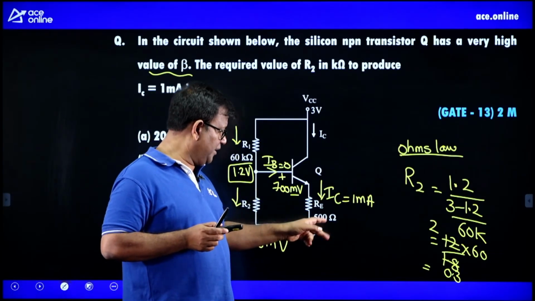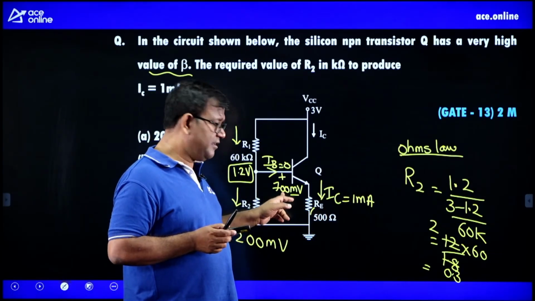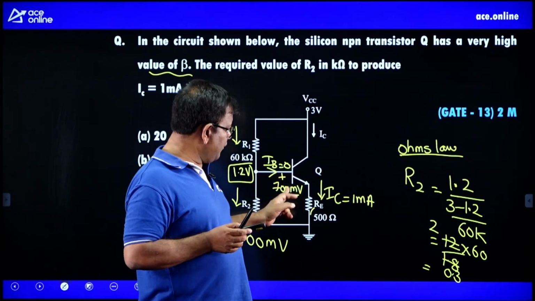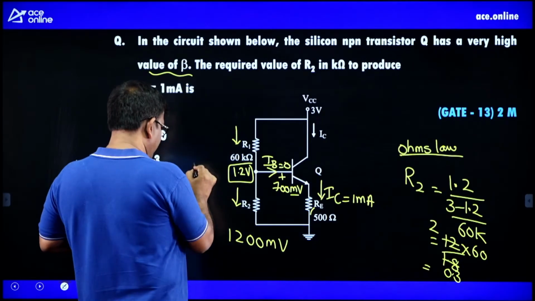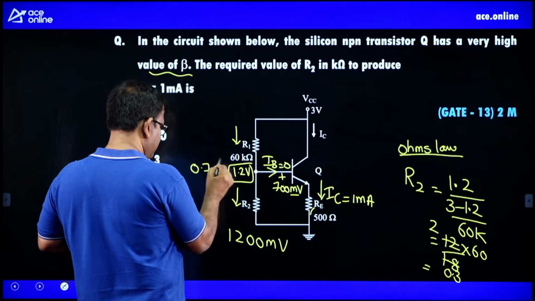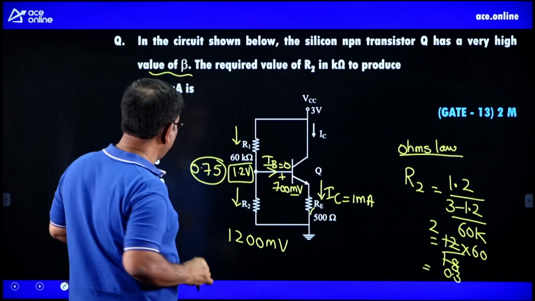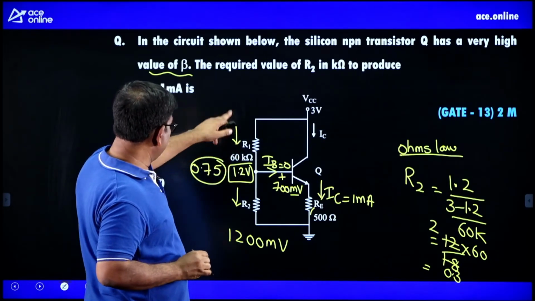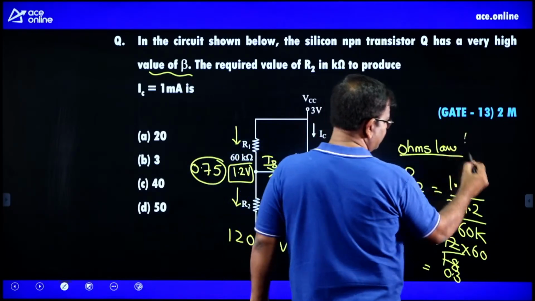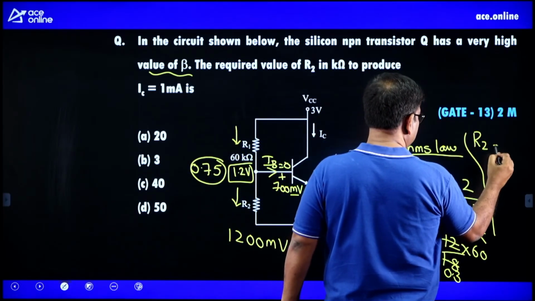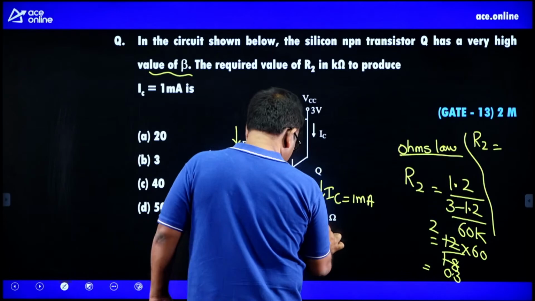If this is 50, you get 50 millivolt here, this is 700 millivolt, 700 plus 50 is 750, so that is 0.75 here. So there is a printing mistake here, I think this should be 50.